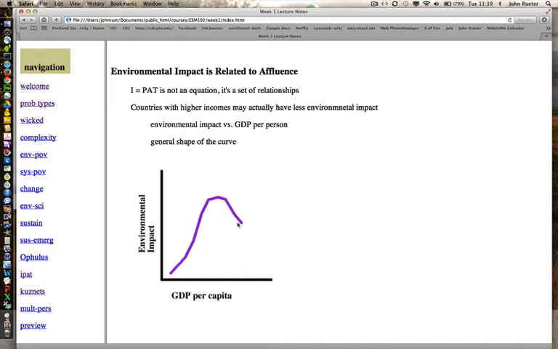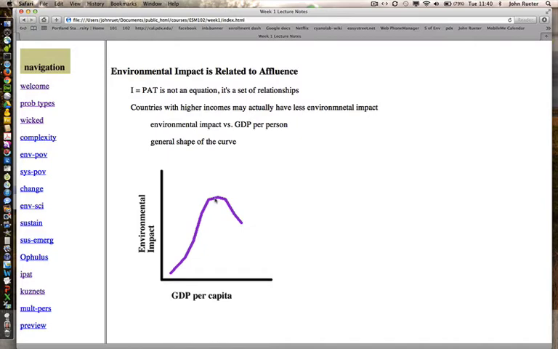But then as you get to the richer countries, they actually are decreasing the environmental impact by spending more and creating even less environmental impact at a financial cost. But even then, they're doing that. This might be the example of, in the United States, people driving more hybrid cars to create less air pollution in the city compared to some other developed country that has a large number of two-cycle engine scooters or old diesel trucks driving around.